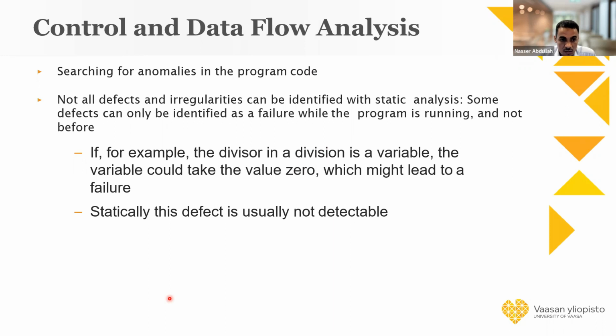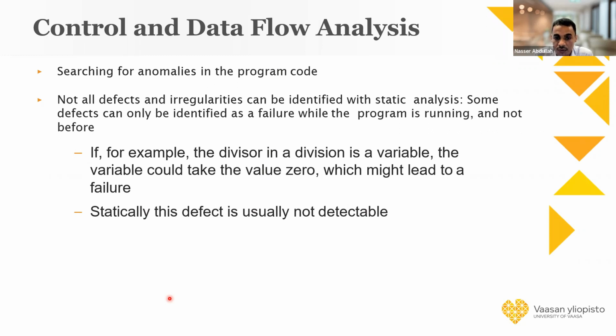Here, we start with the control flow and data flow, which is the structure analysis. First, the purpose of control flow: the control flow is a presentation showing the sequence of the code.